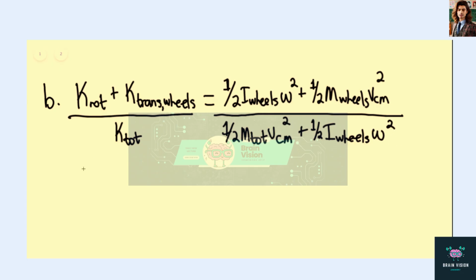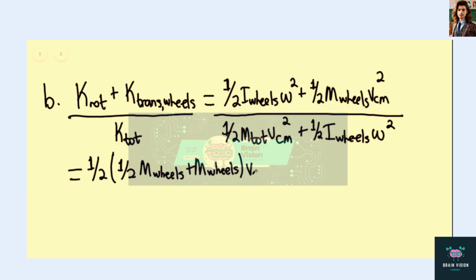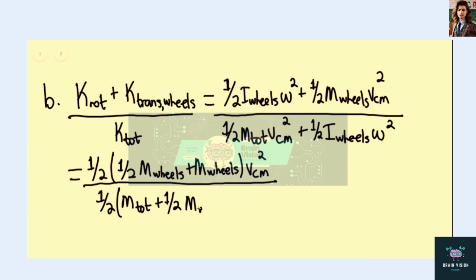And so this is going to be equaling 1/2 times 1/2 the mass of the wheels plus the mass of the wheels times the velocity of the center of mass squared divided by 1/2 times the total mass plus 1/2 times the mass of the wheels multiplied by the velocity of the center of mass squared.